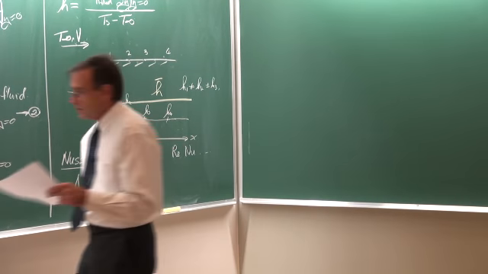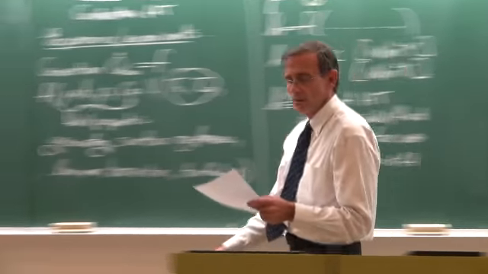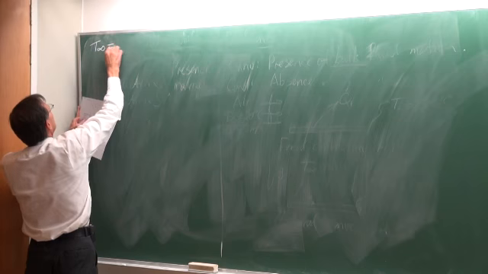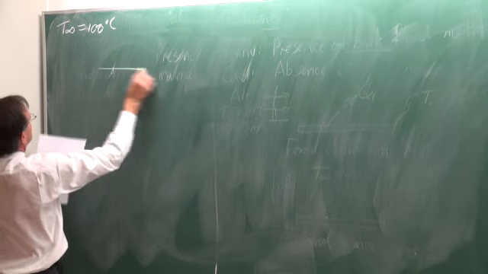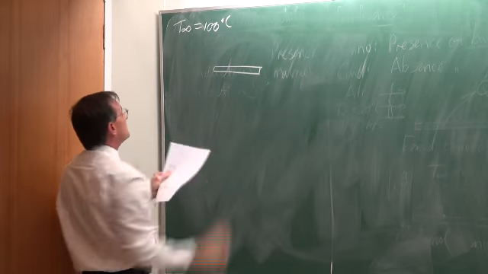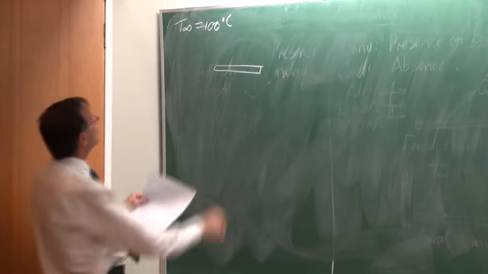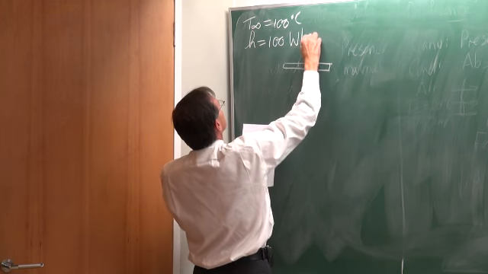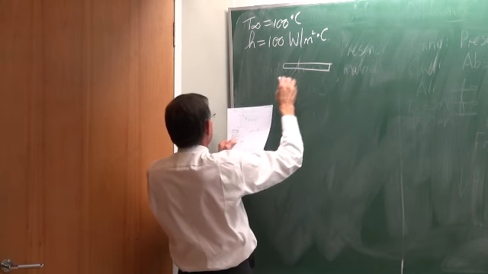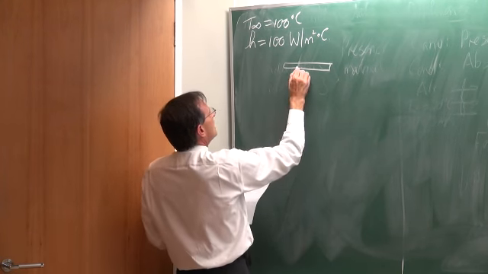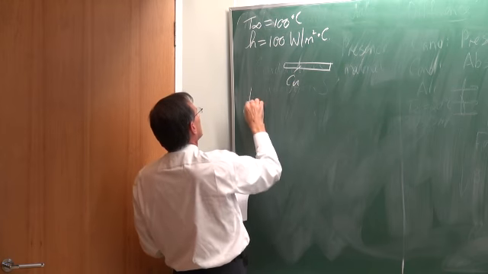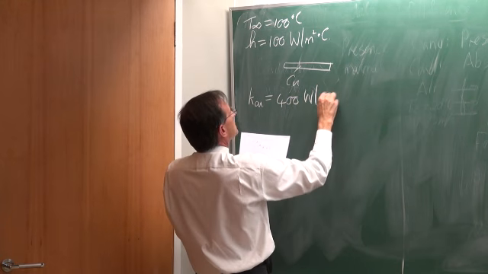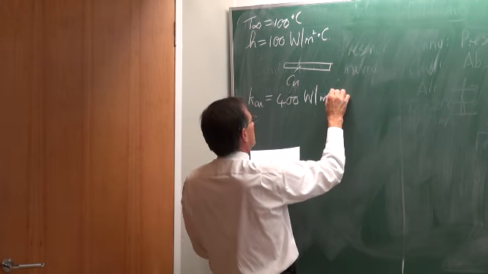Okay. Now I just want to give you a very simple example. Let's suppose we have a flat plate, and the temperature on the outside is 100 degrees Celsius. The heat transfer coefficient is equal to 100 watts per square meter degree Celsius. This is a copper plate, and k for copper is equal to 400 watts per meter Kelvin or degree Celsius.